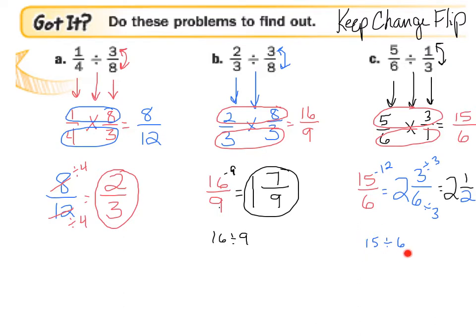So we're thinking in our head 15 divided by 6. I took out 2 whole groups, which means I've used up 12, so I subtract, and my remainder was 3. 2 and 3/6. Well, 3/6 then is half of a pizza, 3 out of 6 slices. So we can divide 3 and 6 by the factor 3, so that gets us down to 2 1/2.